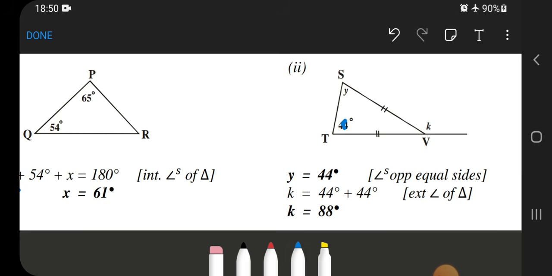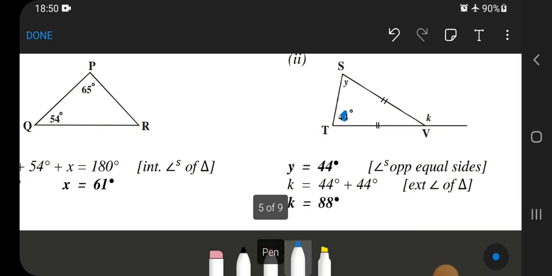Okay, and then K, this one, is equal to this one plus this one, right? Unless they have stated what this triangle is, if they have not stated, we say opposite angles are equal.